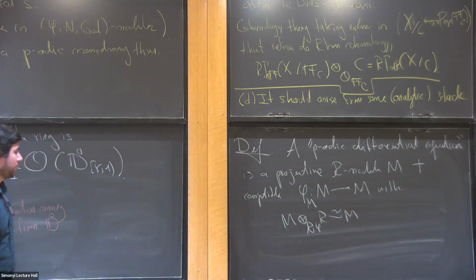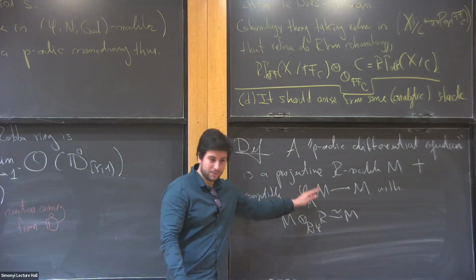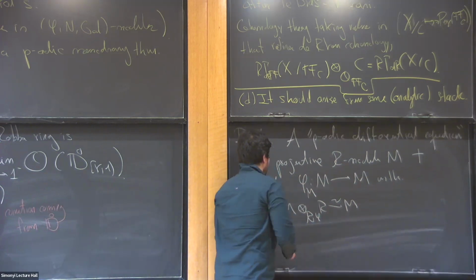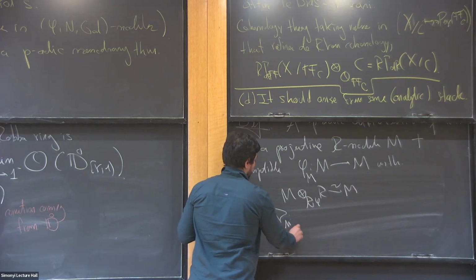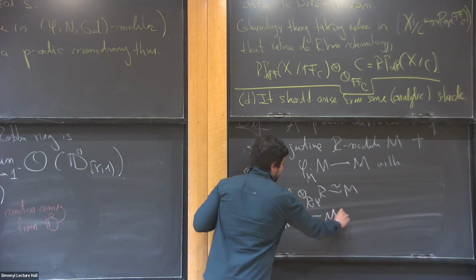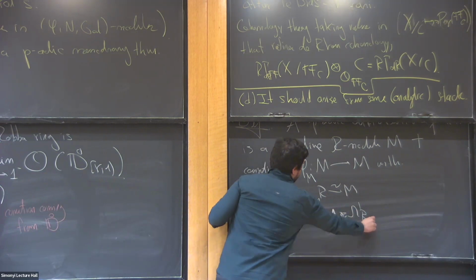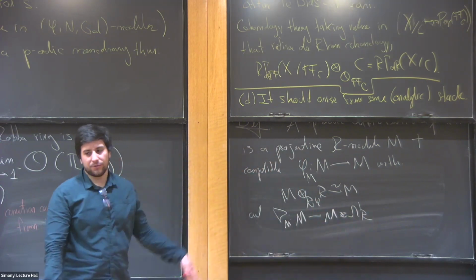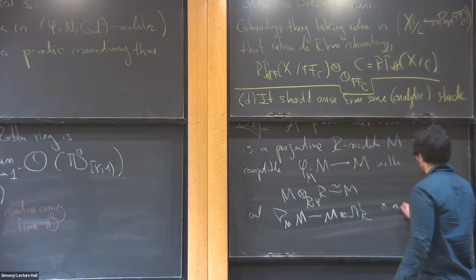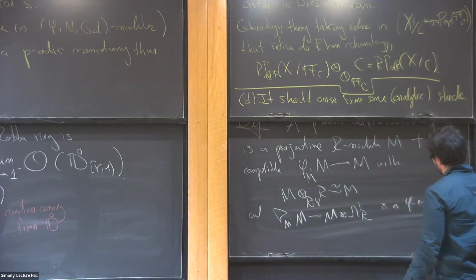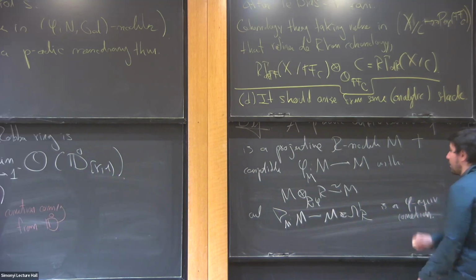So it's the usual condition you put when you want something to be equivariant and Frobenius to be an isomorphism. And this thing is just a flat connection, so basically just a flat equivariant connection.